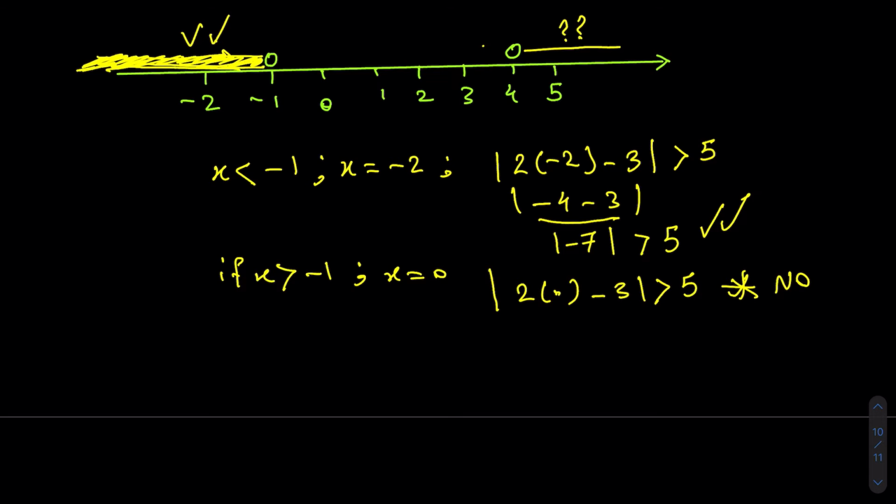Let's check whether values larger than 4 satisfy the original inequality. Let's say x is larger than 4. I don't need to check x less than 4 because I already checked that if x is larger than -1, it doesn't work. Any number I put in there doesn't work.